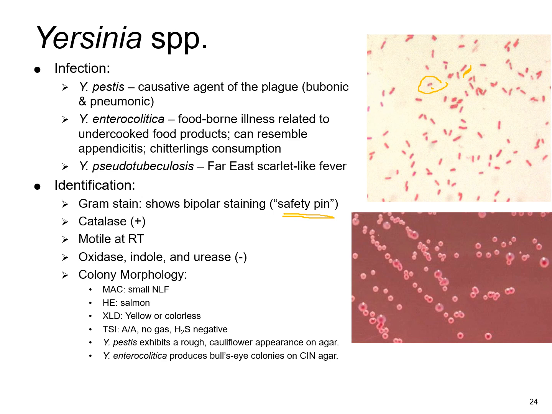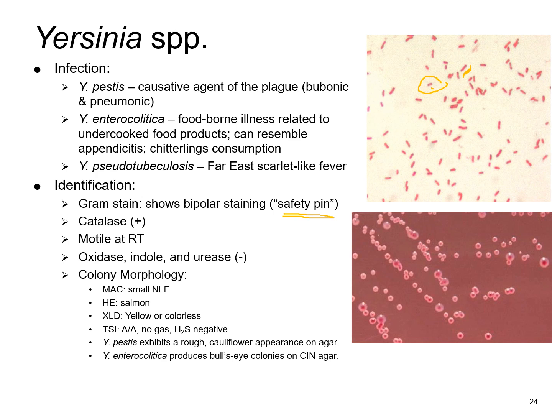These organisms are catalase positive, and they are motile at room temperature, so they would have to be incubated at room temperature in order to see that motility. They are oxidase, indole, and urease negative. With colony morphology, they are non-lactose fermenters on MacConkey. If they were plated on HE agar, they would have a salmon or orangish color to them.